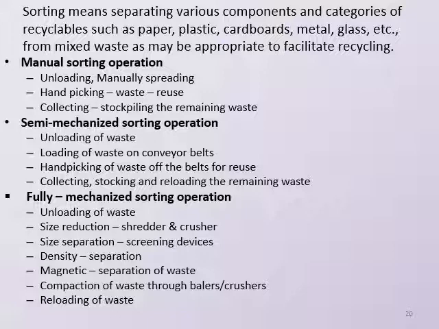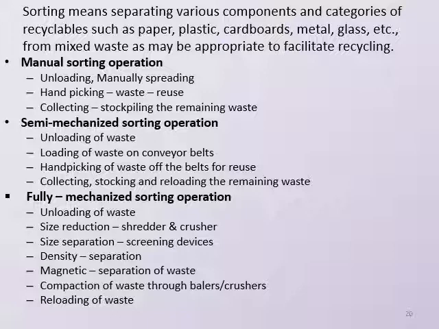And the type of operation which is fully mechanized, like unloading of waste. First, size reduction. We will see these activities in the next few lectures. For size reduction, a shredder machine or crusher machine will be used. For size separation of different sizes after shredding or cutting, screening devices are used.